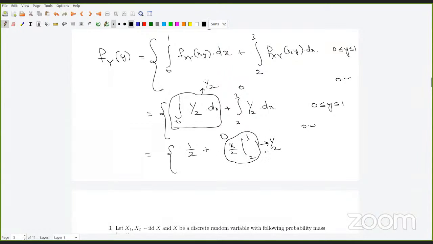So half plus half is 1. So this will be 1 when y is in between 0 and 1 and 0 otherwise.